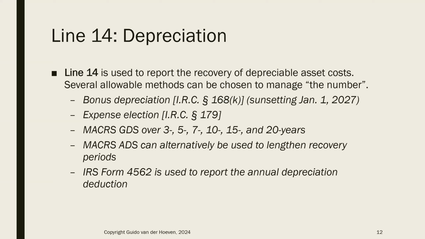We don't want to get all of the depreciation today because we know that in 3, 4, 5 years, our business is going to grow and we're going to have income. So you might think about it as a way to defer a depreciation expense. And we use a separate supporting schedule. It's IRS Form 4562, where we report the annual depreciation deduction for the current year.